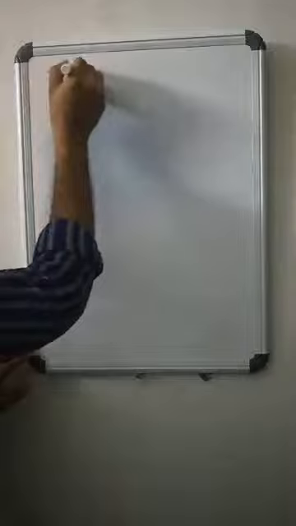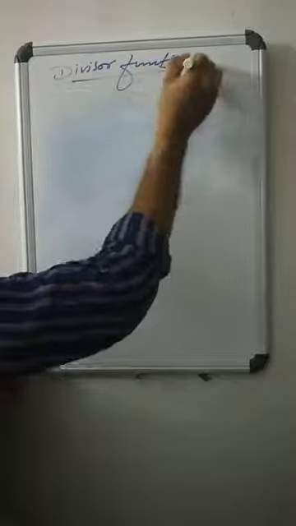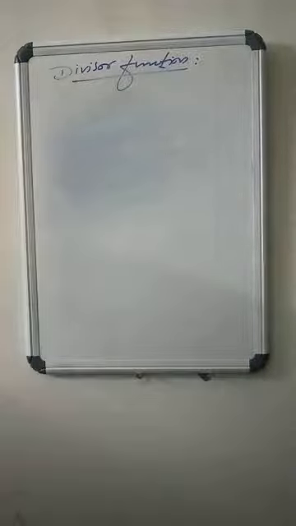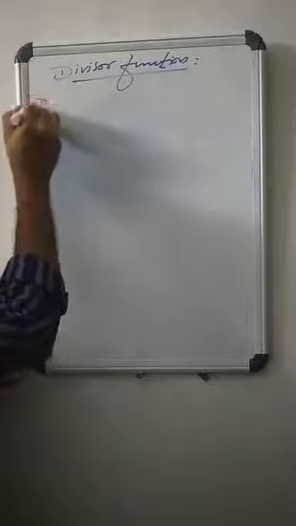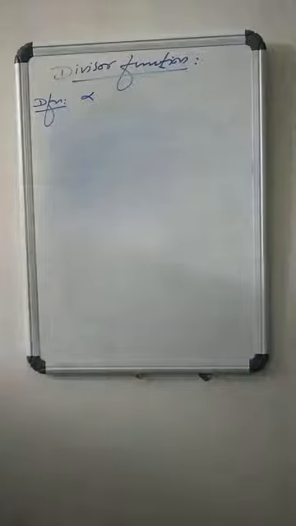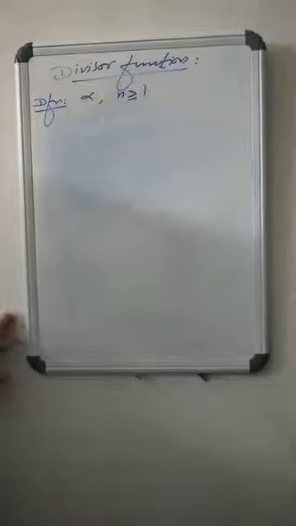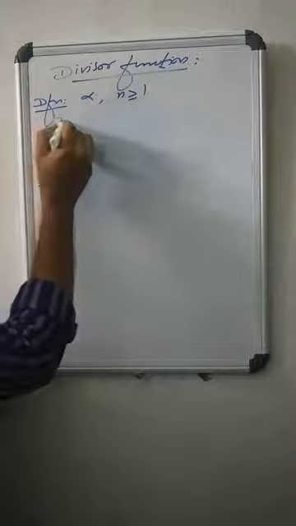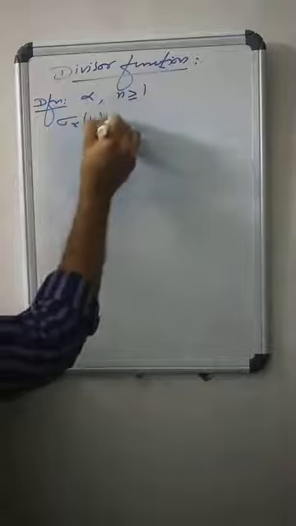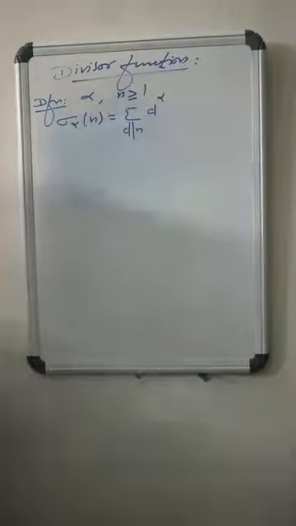Now we will define another arithmetic function, known as the divisor function. What is a divisor function? The divisor function is defined as follows: for any real or complex alpha, and for an integer n greater than or equal to 1, sigma alpha of n equals the sum over d divides n of d power alpha.